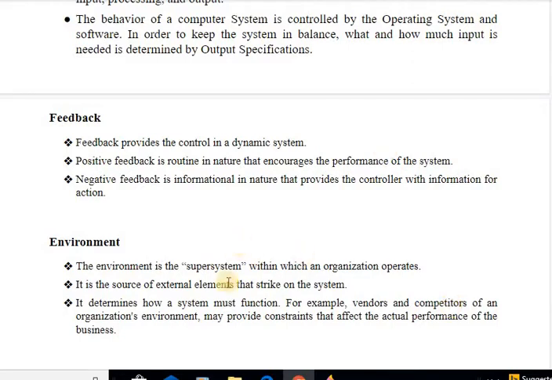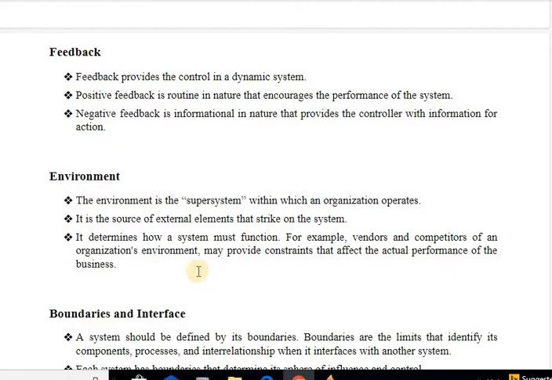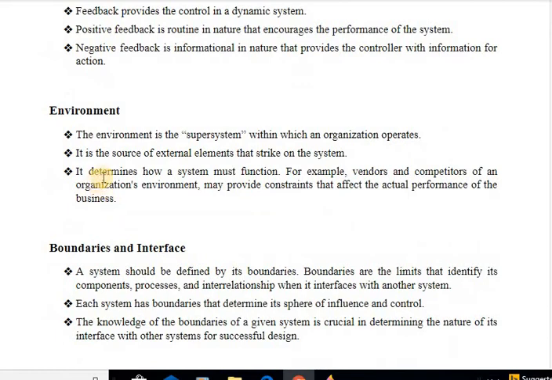Next is the environment, how environmental factors affect your system. It is a super system within which the organization operates. It is the source of external elements that strike on the system, and it determines how a system must function. For example, vendors and competitors in an organization's environment may provide constraints that affect the actual performance of the business.